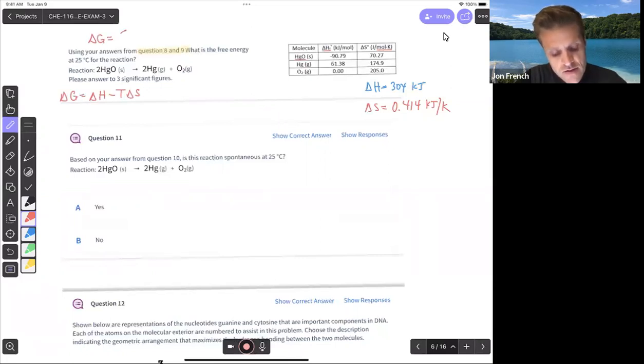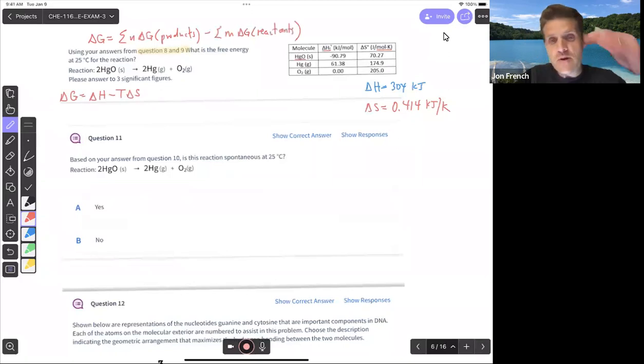We know it's not delta G equals the sum of the moles of delta G of my products minus the sum of how many moles and the delta G of my reactants, because I don't have delta G values for everything in the reaction. So therefore, it's just a Gibbs free energy calculation.